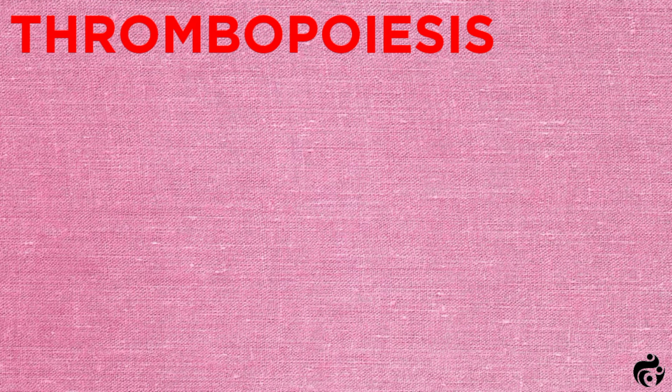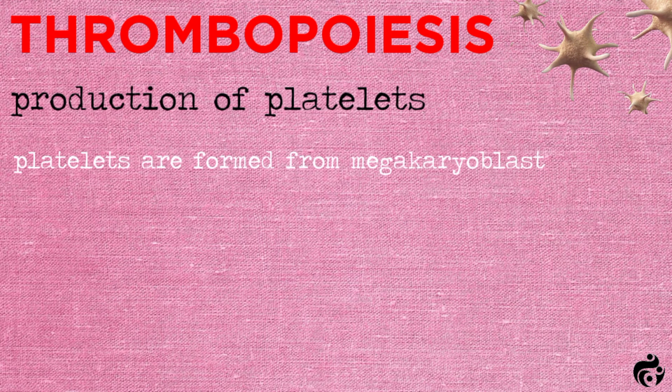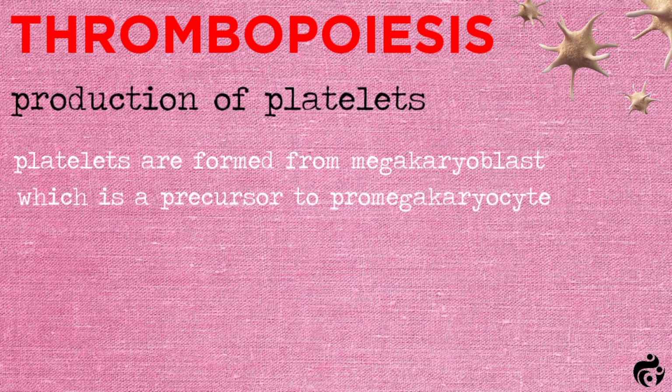Now, let's talk about thrombopoiesis, that is, production of platelets. Platelets are formed from megakaryoblast, which is a precursor cell to a promegakaryocyte, which in turn becomes a megakaryocyte.